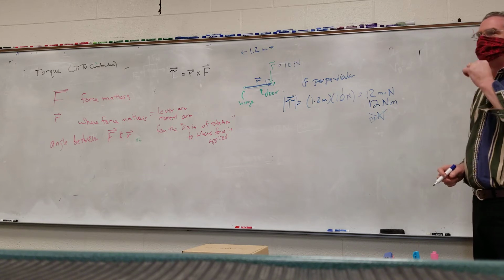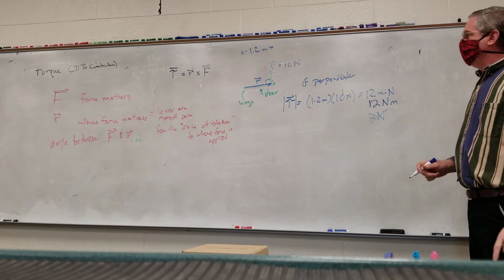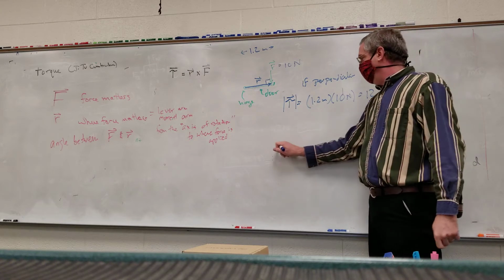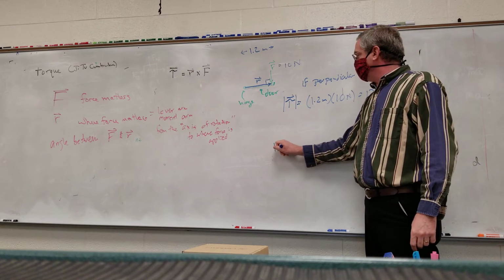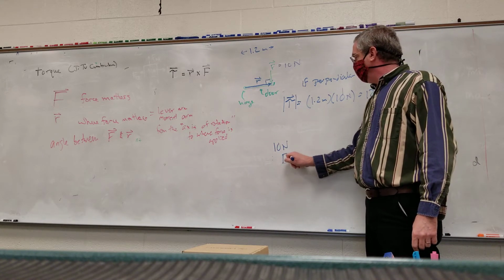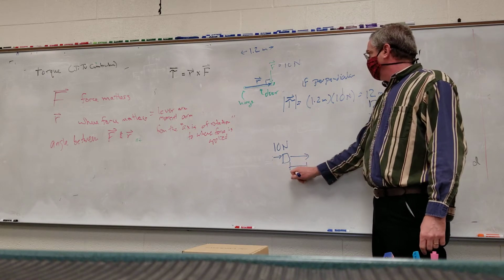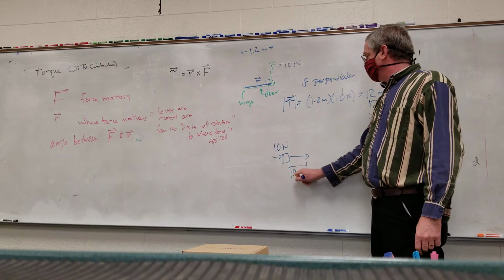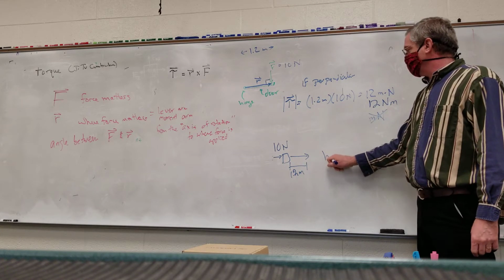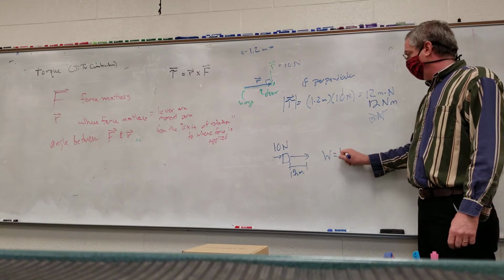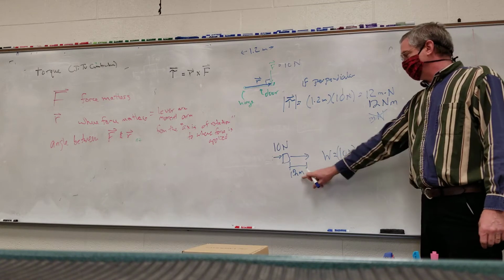Now, joules. If we were dealing with work, so if I push with 10 newtons on a box, and it goes 1.2 meters, the work done would be the force times the displacement.